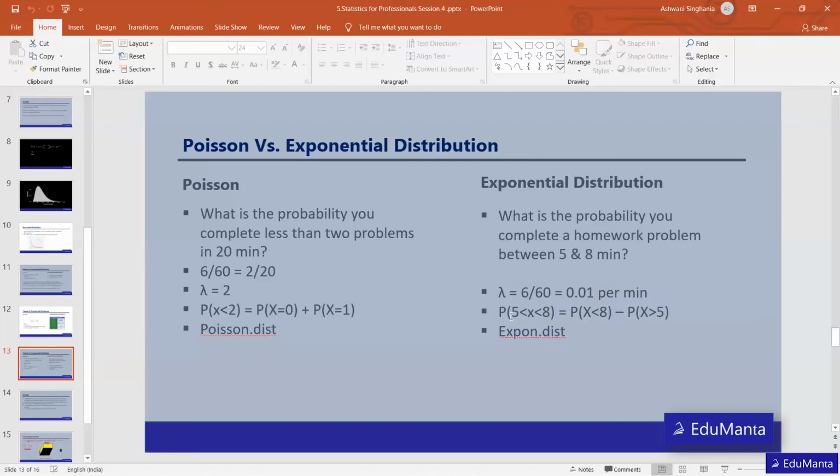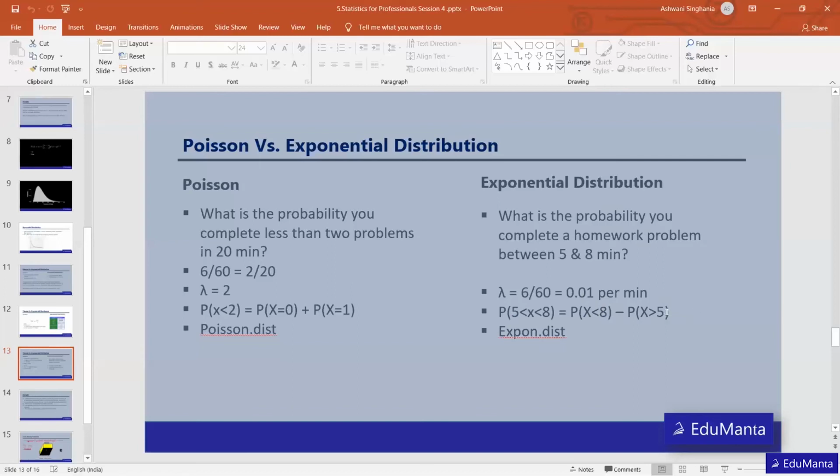So taking time to complete one question between 5 to 8 minutes, the probability is going to be the continuous probability of solving the question in less than 8 minutes, and then the continuous probability of solving the question in less than 5 minutes.